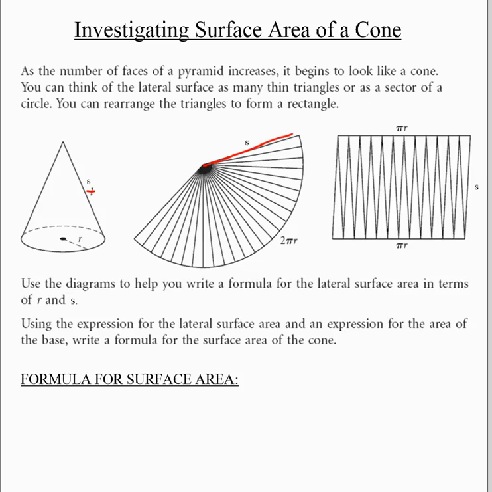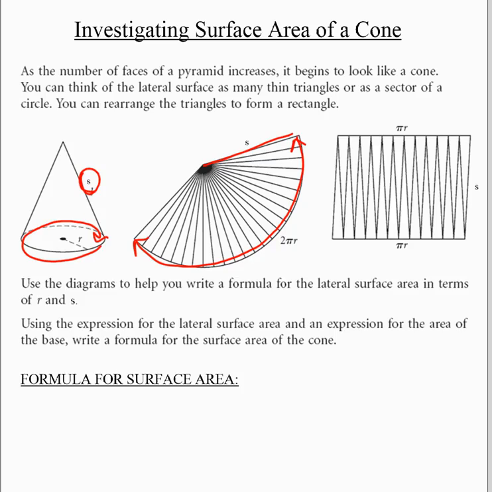This represents that right there. Then the distance here is the same as the circumference of the bottom circle. The circumference of the bottom circle is pi times diameter, or another way of saying that is 2 pi r. So that's why this is labeled 2 pi r.